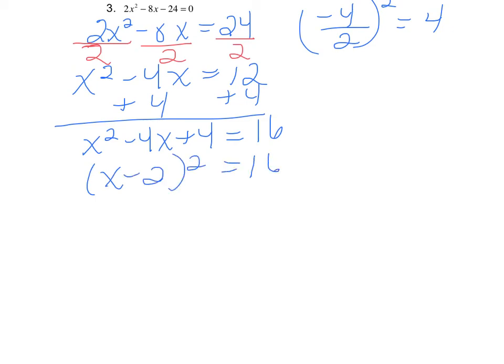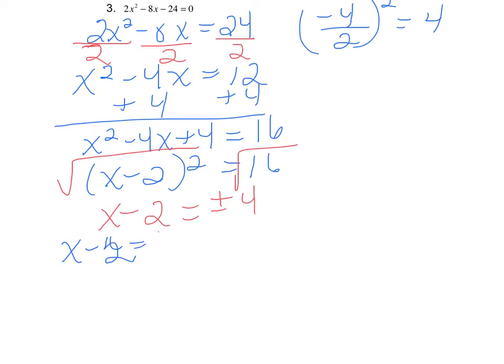I'm going to get rid of the squaring by taking the square root of both sides, and I will have x minus 2 equals plus or minus 4. I'm going to split it and get x minus 2 equals 4, and x minus 2 equals -4.